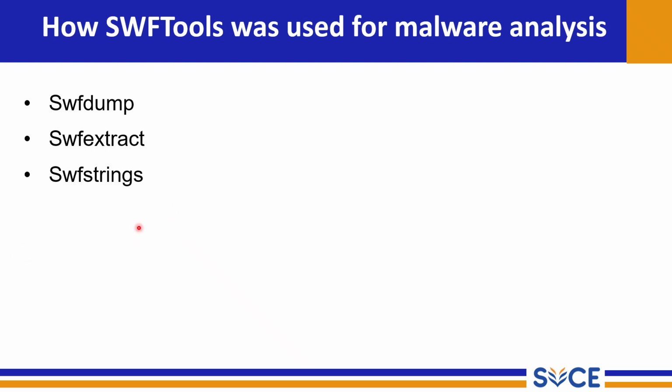This tool scanned an SWF file for readable text strings. Analysts would use it to quickly find clues within the malicious code, such as URLs or command and control server addresses, file names, or error messages.